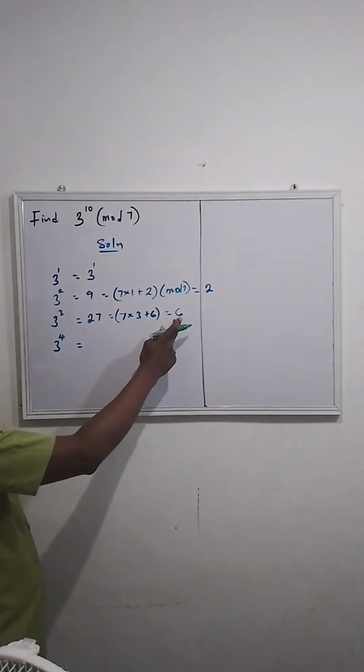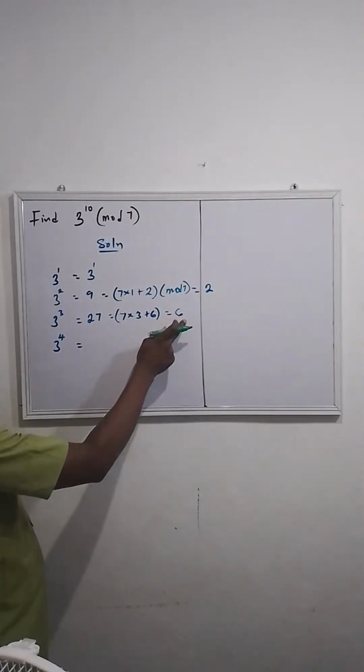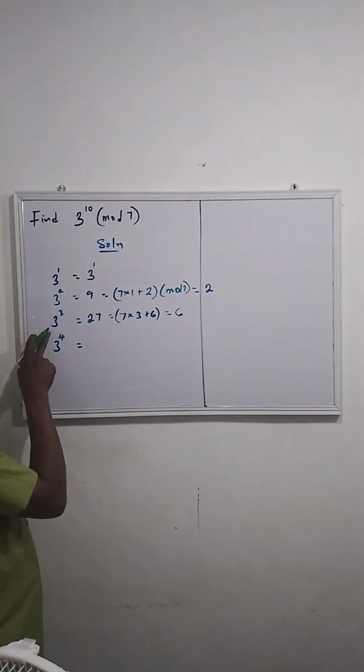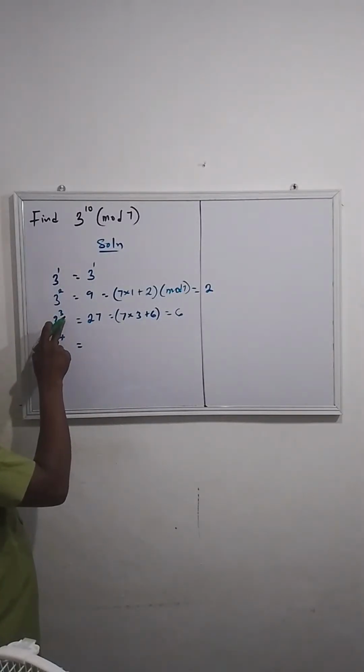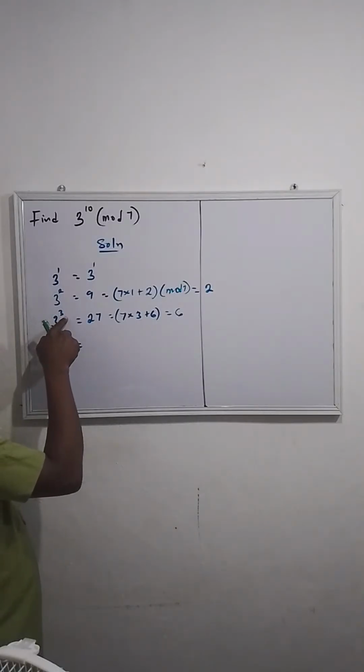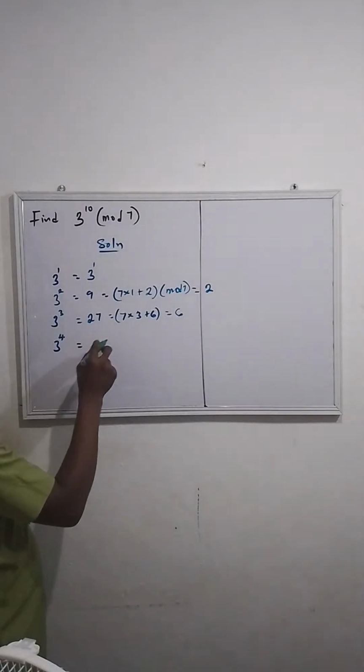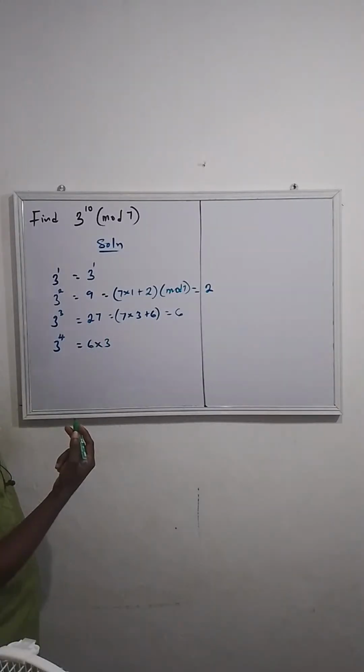This one is the same thing as 27 here. So you can simply multiply this by 3, because now I'm increasing the power by 1. It's the same thing as multiplying 3 raised to the power of 3 by 3 to have 3 raised to the power of 4. So that will give me 6 times 3, which makes the work easier for me.